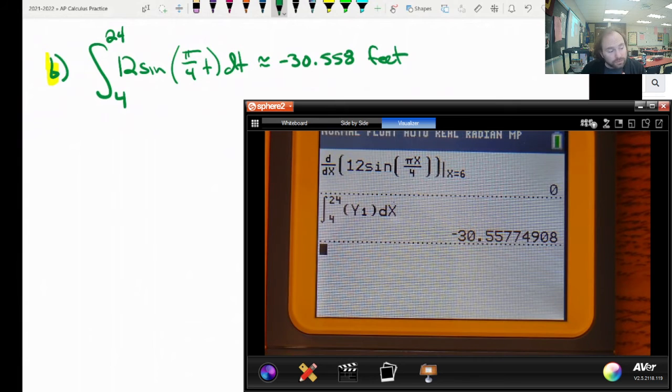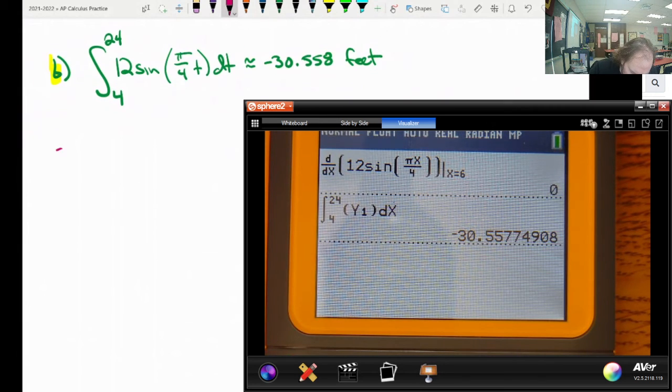So, for the total distance traveled, what we need to do, I'm trying to think of a way we could take the antiderivative of this thing by hand. I don't want to do that. For the total distance, we need to remember that some distance is positive and some distance is negative. Obviously, there's been some negative distance because the total change was negative, but we need to make sure we can account for that.